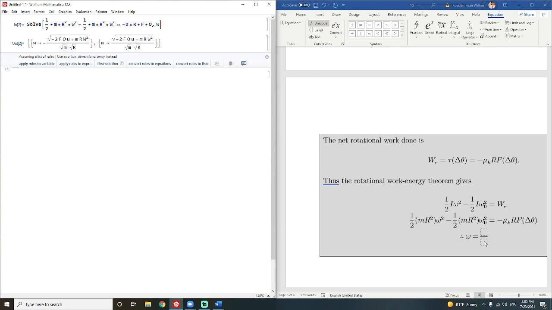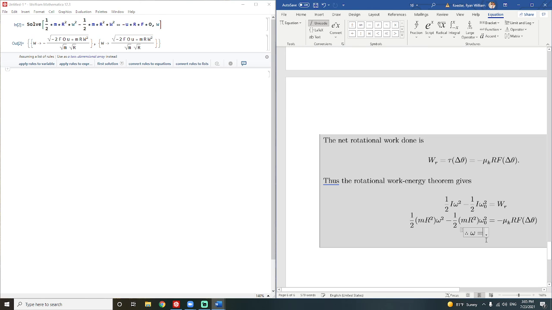There we go. Okay. So we'll have everything under the square root actually.